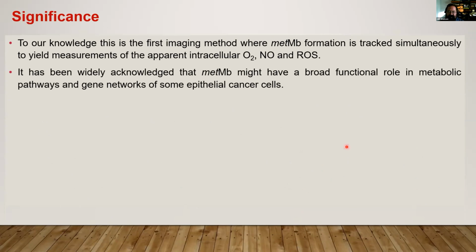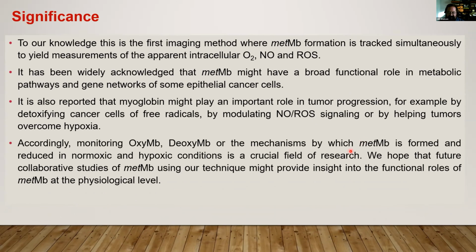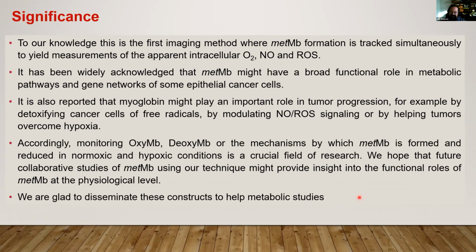Significance, we don't know of other imaging of MET, which has a lot of importance. And we hope it becomes more interesting, and especially we're glad to disseminate these constructs to people who are interested in these kind of metabolic studies, and we hope to see a lot of that.